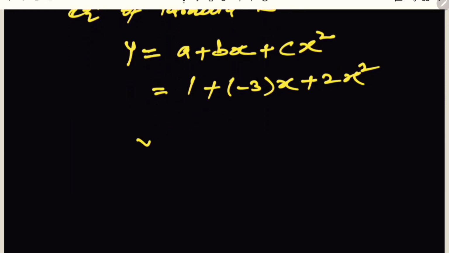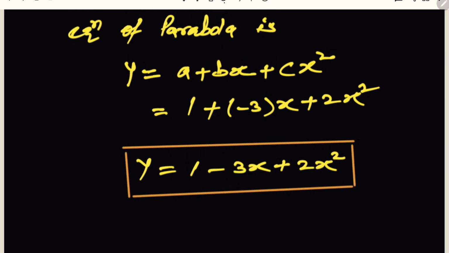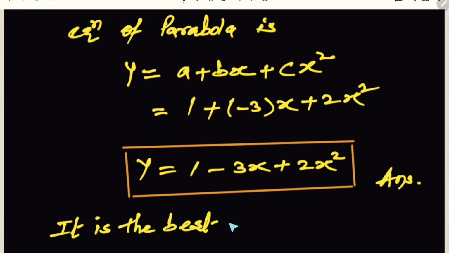Hence we get the equation 1 minus 3x plus 2x square as the required answer, the required best fit for the parabola. This is the best fit obtained by the least square method.